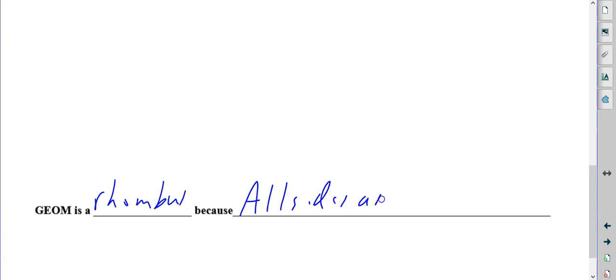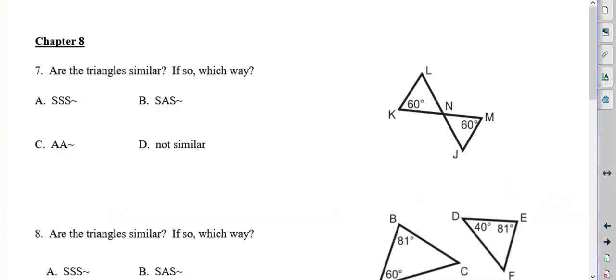So we know this is a rhombus because all sides are congruent and opposite slopes are congruent. You could have also proven the diagonals, there's a lot of other options, but that's what I went with there.